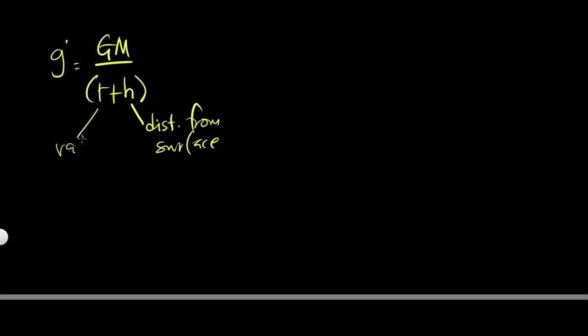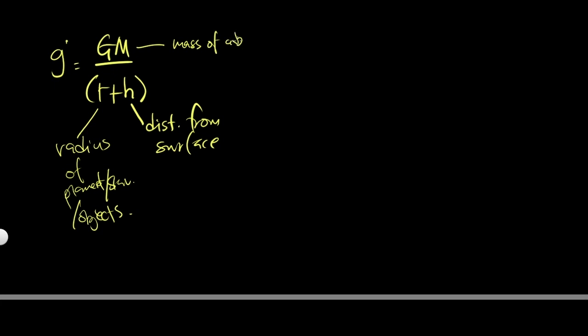R is the radius of the planet, star, or object. M is the mass of the object, star or planet.